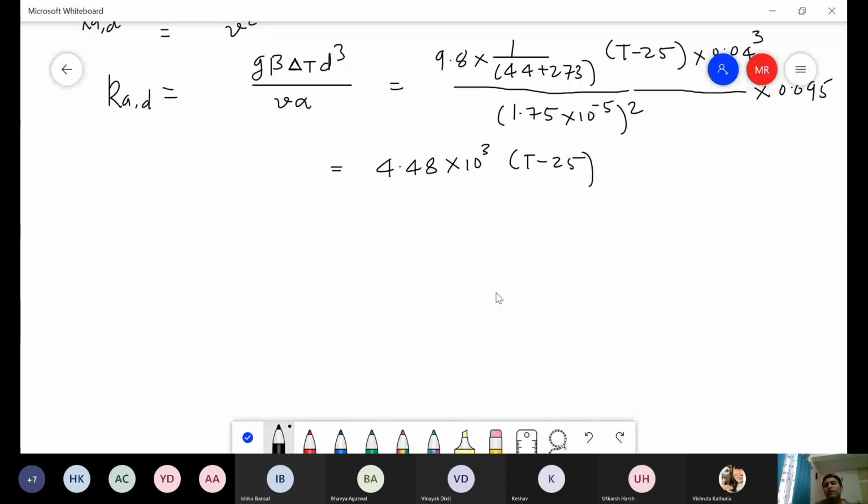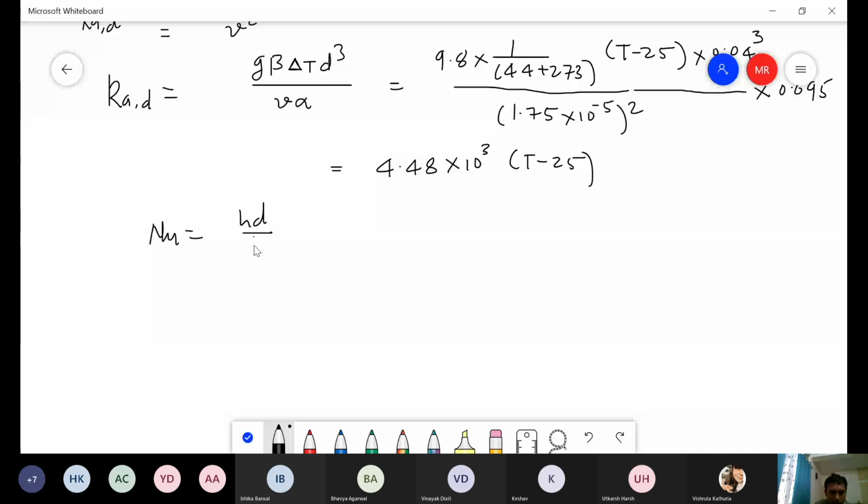Okay, so now based on this, we have to calculate the Nusselt number. One of the correlations which we have to use here is the correlation for the spherical case, which is the same correlation given in the book.